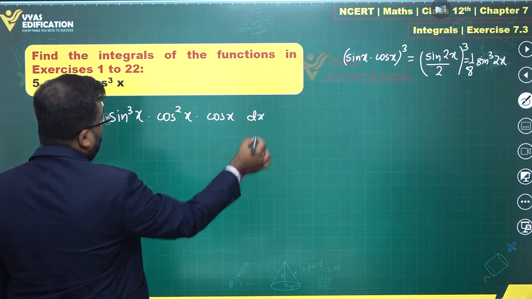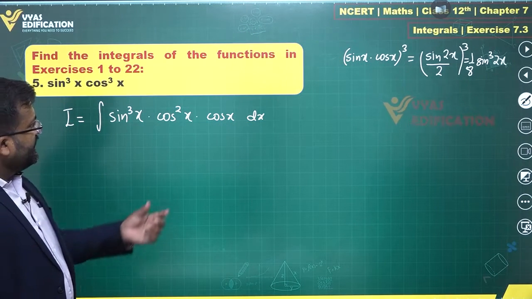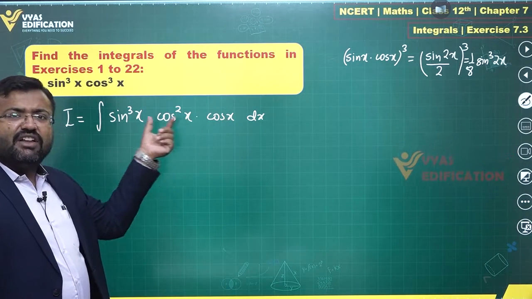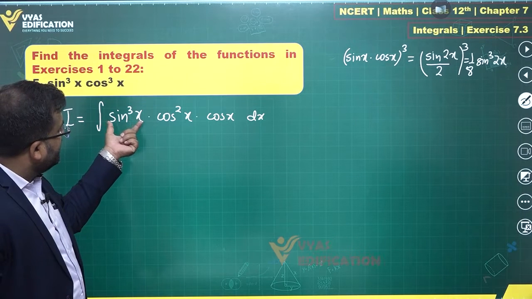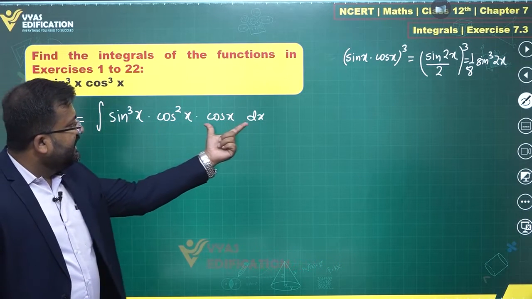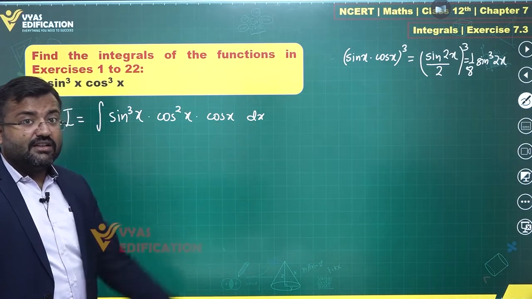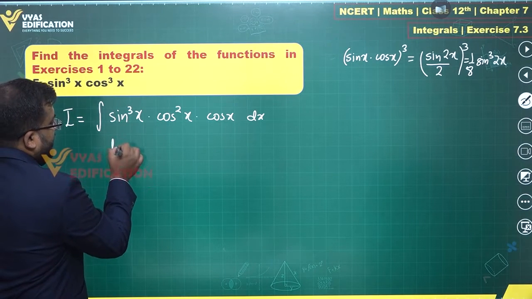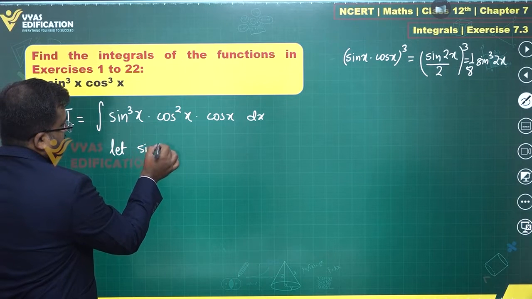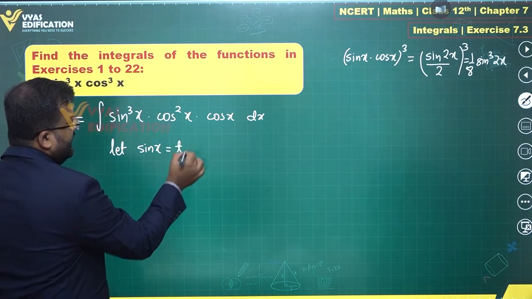Okay, so what do you want to do with this? What I see is this cos x is nothing but the derivative of this sin x, right? So I can substitute sin x equals t, and the derivative is present with it, cos x dx, and that substitution will help me. Yes, so let sin x equals t.